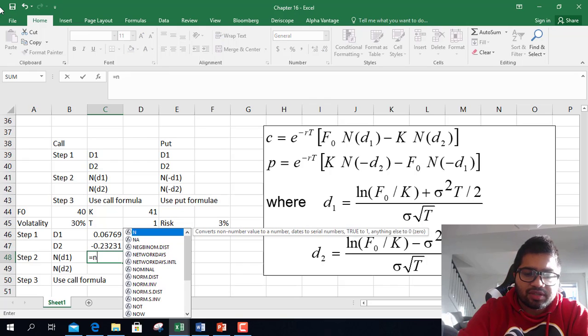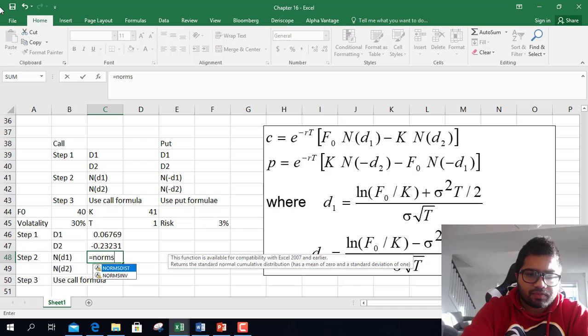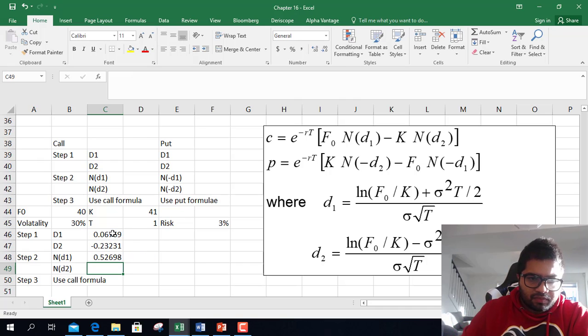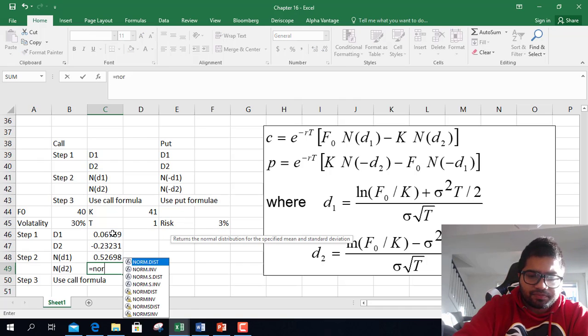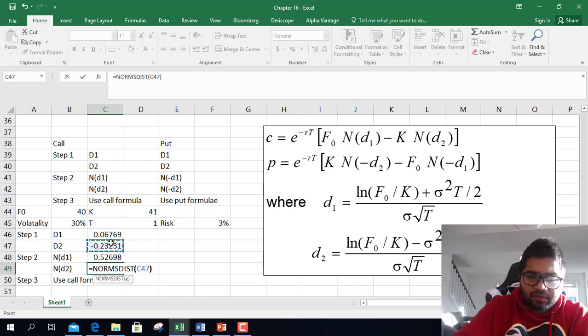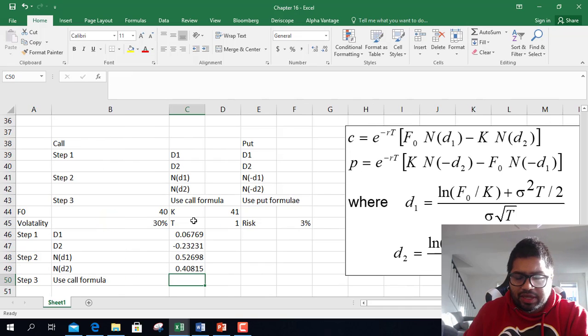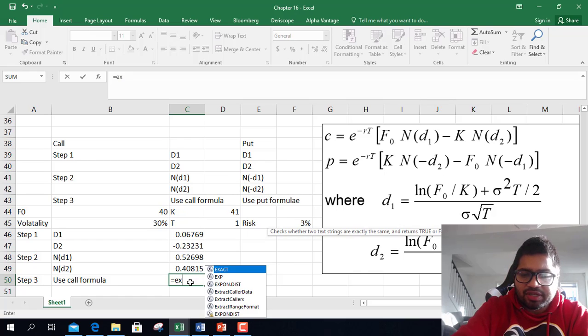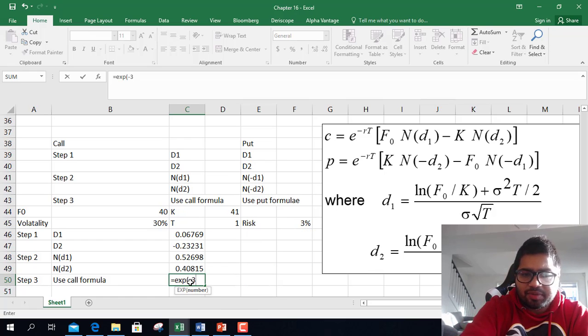Now we calculate the normal distribution of D1 and the normal distribution of D2. Then you use the call formula. The call formula is exponential of negative risk-free rate 3% times 1, that is time, in brackets.